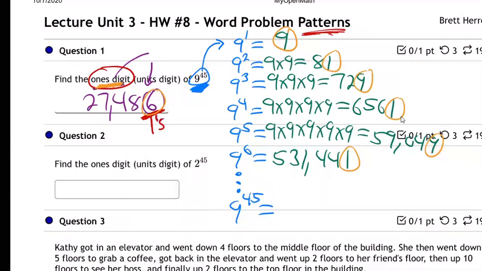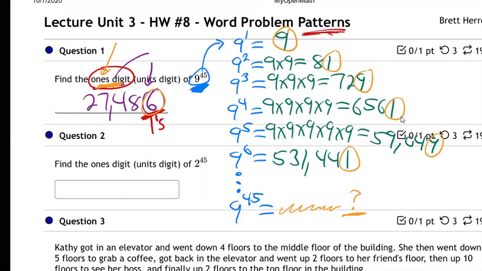The one, because we don't care about the rest of the numbers, right? All they're asking us for is the ones digit, the last digit, the digit in the ones place. And so, yeah, the digit in the ones place just switches between 9 and 1, 9 and 1, 9 and 1. Okay, so for 9 to the 45th power, it's going to be blah, blah, blah, blah, blah. And then what's the last digit going to be?